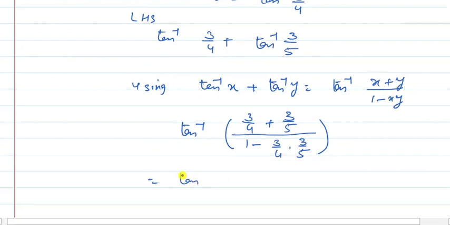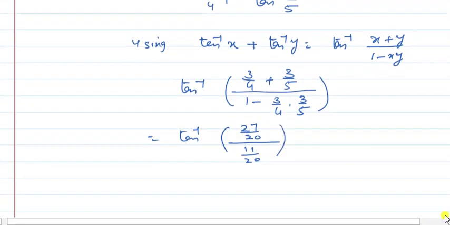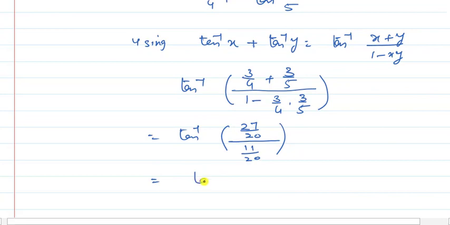So we are getting tan inverse of 27 upon 20 in the numerator and 11 upon 20 in the denominator, which on further solution gives us tan inverse 27 upon 11, and this is equal to the RHS.